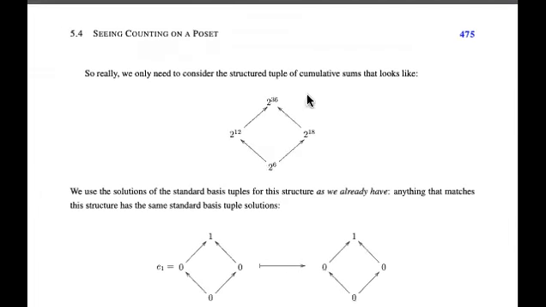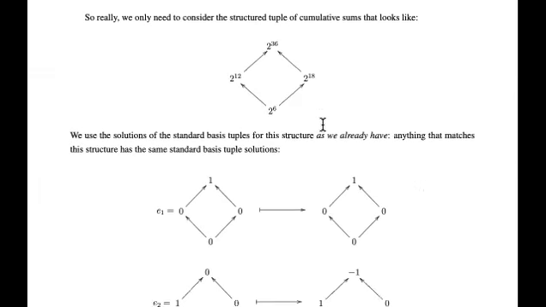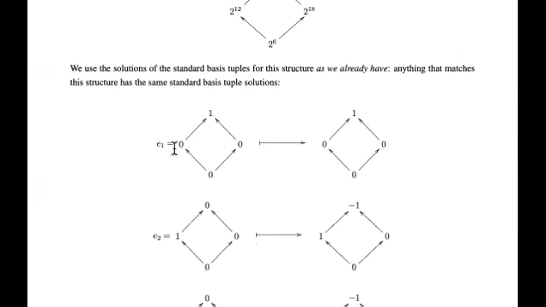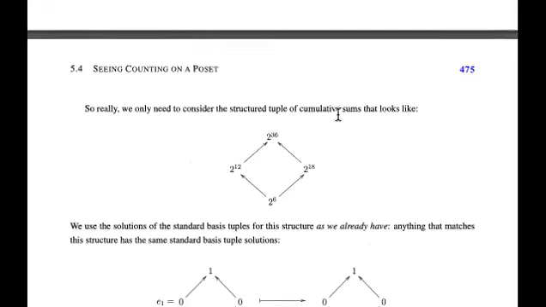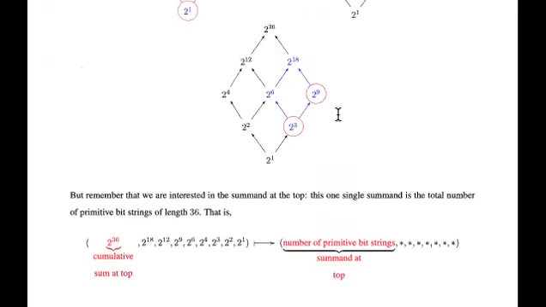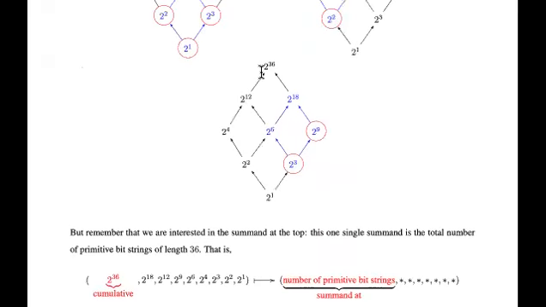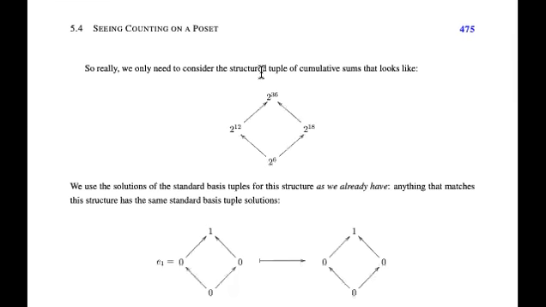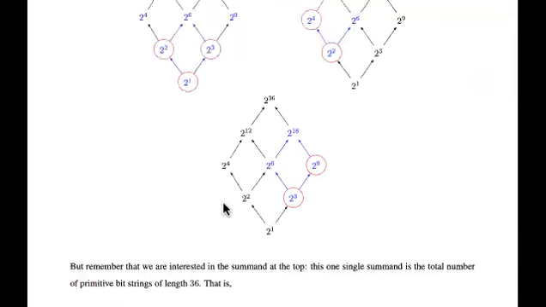So for this one right here, let's just consider this structure. This guy where you have a 1 at the top is just going to give us a 1. Now, what does this mean? If you take the list of cumulative sums, you take the entry that corresponds to the top, and you're going to be multiplying it to this guy, which comes from the top.